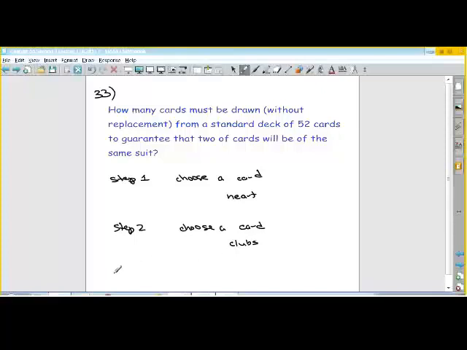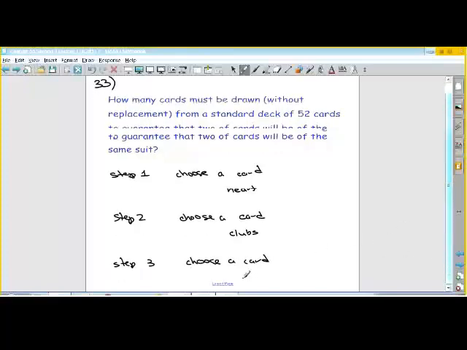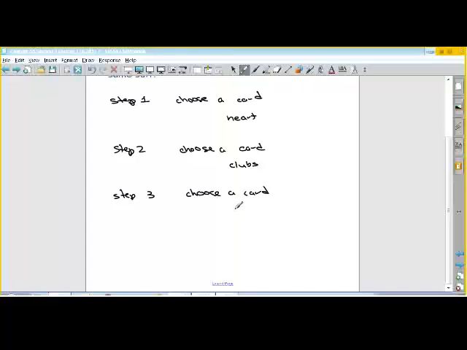So let's say I pick clubs. So I can keep going now because I've still got cards of different suits, and I choose a card again. Choose a card. So to not have the same suit, there's only 2 to choose from now. There's only 2 possibilities, which is a diamond or a spade.